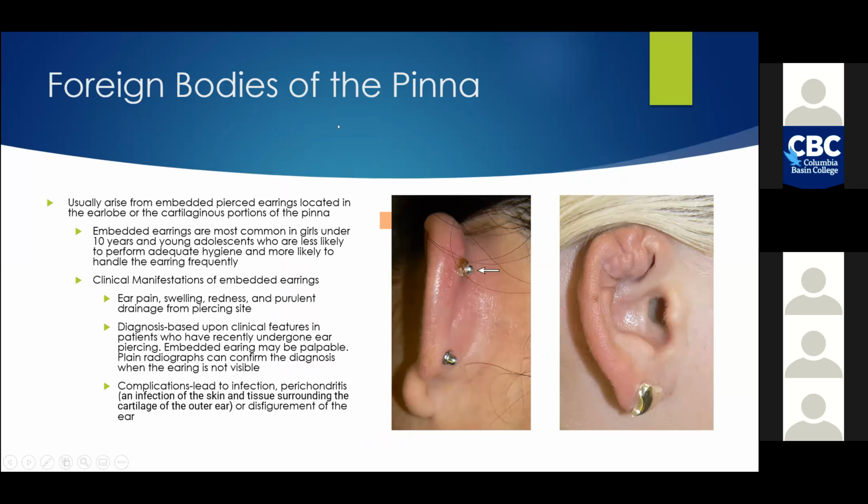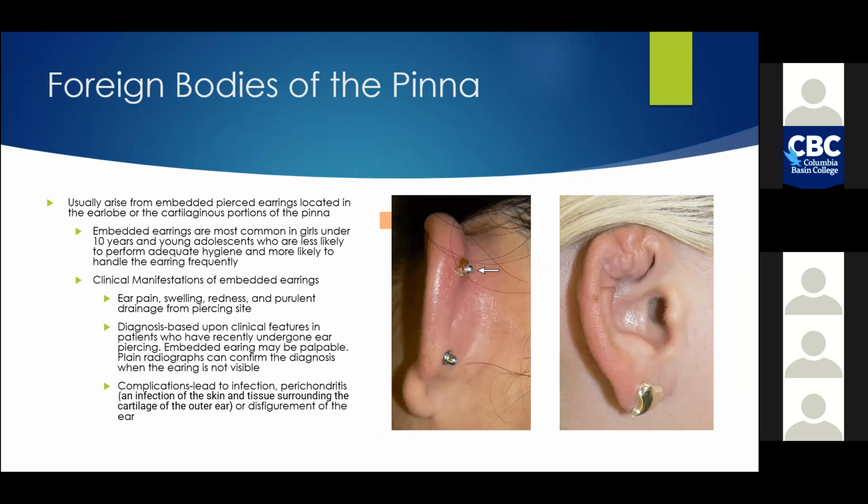Foreign bodies of the pinna, this external part that we see, usually arise from embedded piercings located on the earlobe or just the cartilage part.